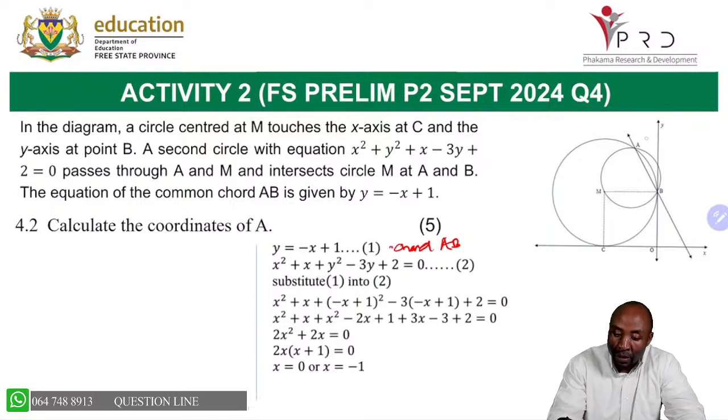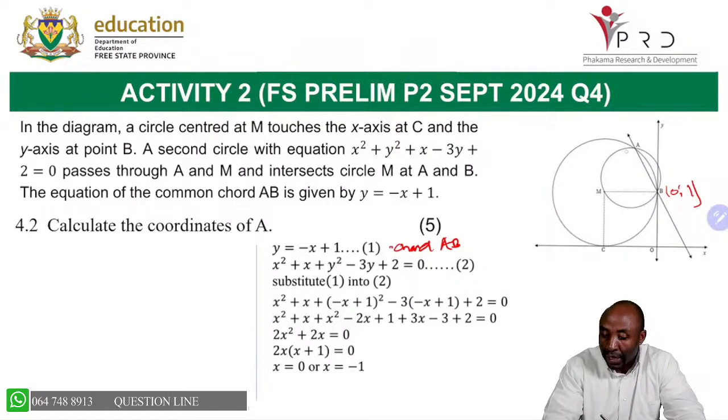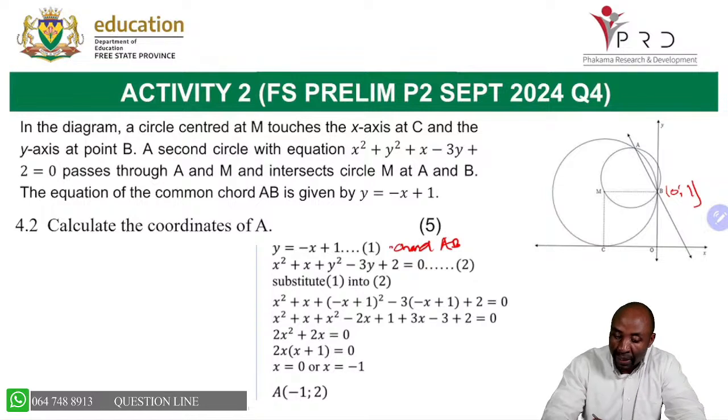But remember, we want the coordinates of point A, so at point B the coordinates are 0 and 1. So our x is negative 1, and we substitute and we get A as having coordinates negative 1 and 2. This was 5 marks.